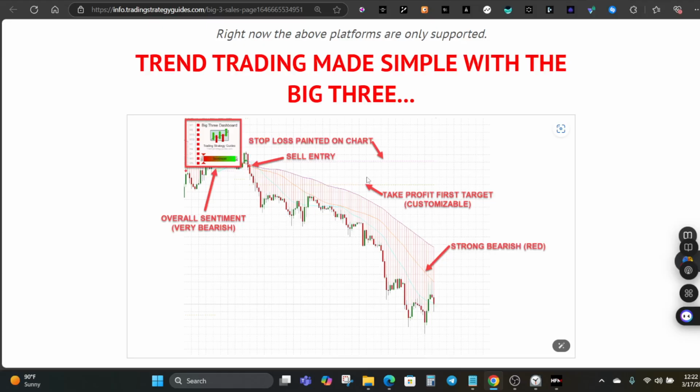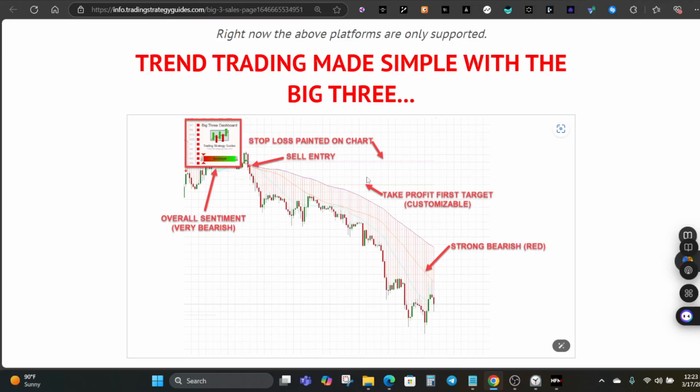Okay, and also there is no second guessing. The indicator only triggers trades when all necessary conditions are met. Okay, and that helps to reduce hesitation and improves confidence. All right, finally, it saves time. No need to manually analyze multiple indicators. Just follow the signals and trade accordingly.